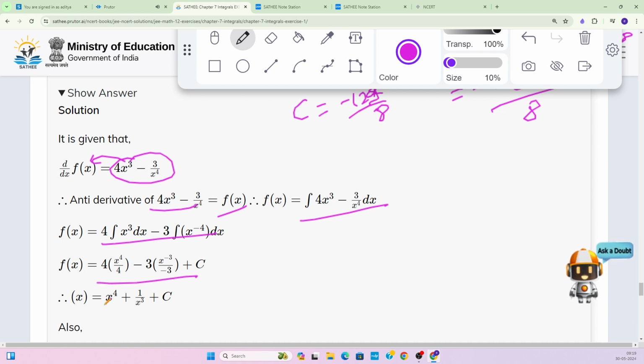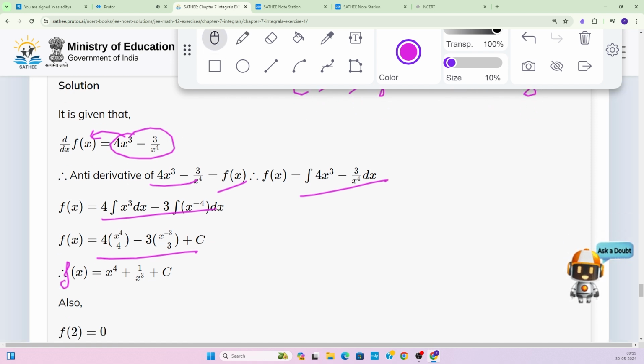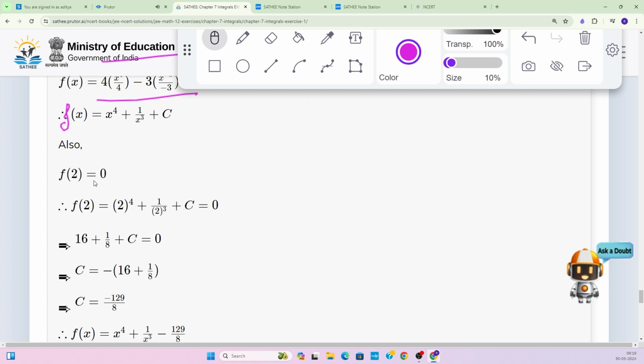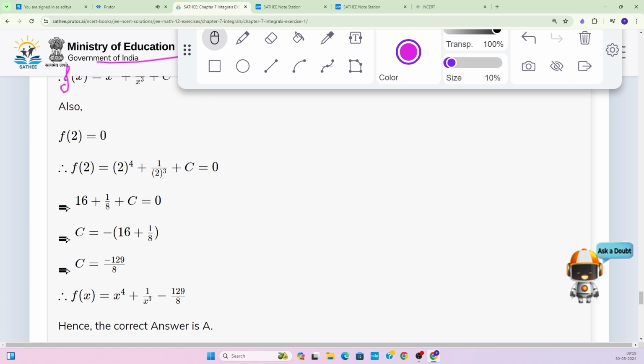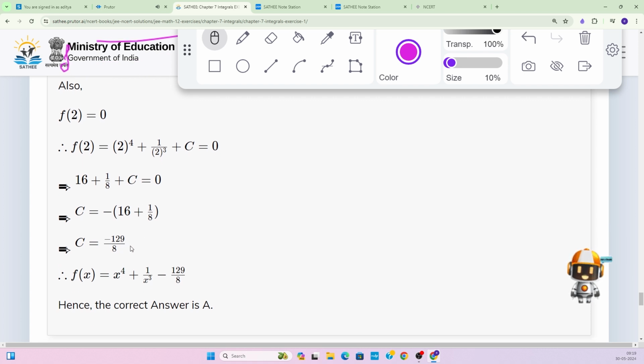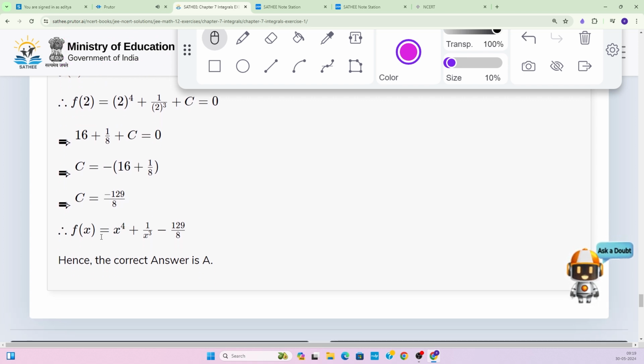Okay, and then you will get f of x is equal to x power 4 plus 1 by x cube plus c. You know f of 2 is equal to 0. This means f of 2 will be 2 power 4 plus 1 by 2 cube plus c is equal to 0. This means c is equal to minus of 16 plus 1 by 8. This means minus 129 by 8. So your final answer for fx will be this. So option A will be your correct answer.